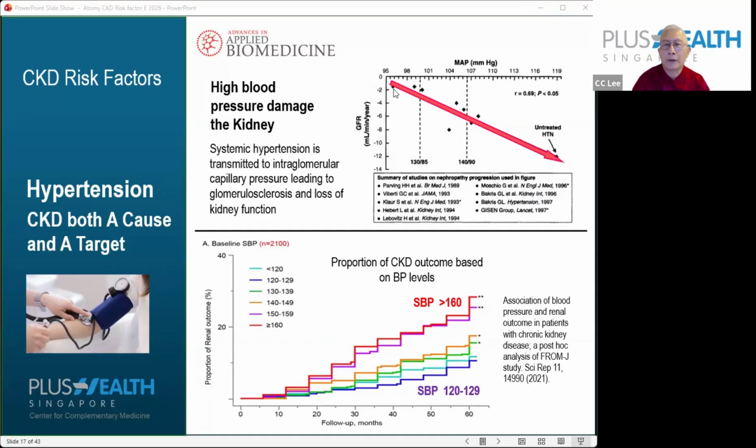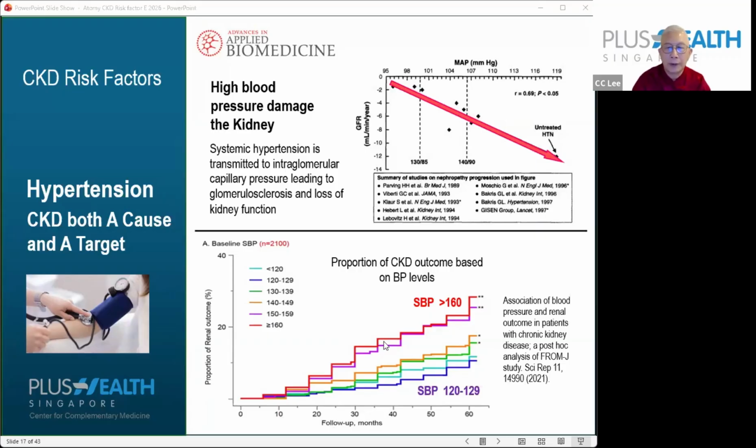So this is a very clear indication that as the blood pressure increases over time, you will damage your kidney and your kidney function goes down. Another way to look at it is the proportion of CKD outcomes based on the blood pressure level. So the higher your blood pressure, the higher the chance of you suffering from CKD.